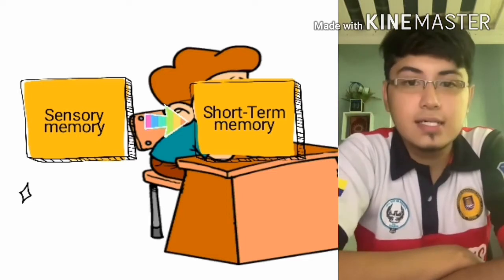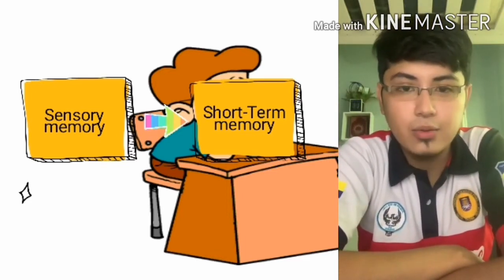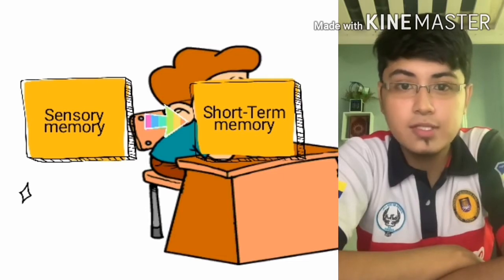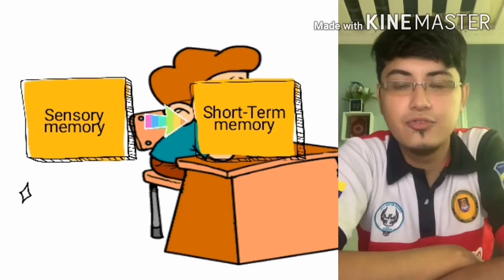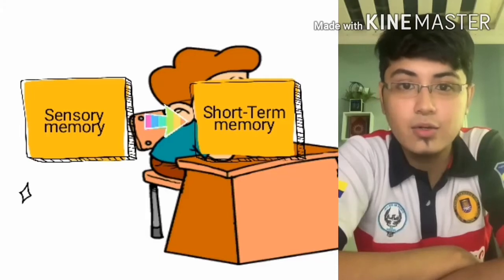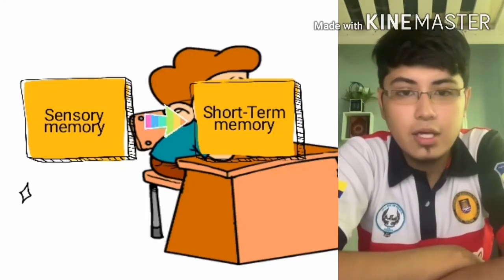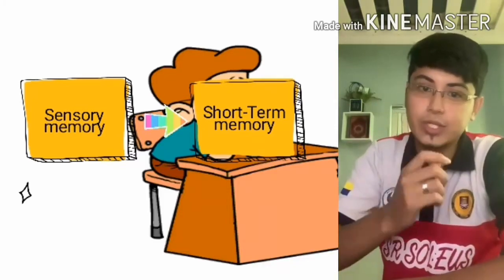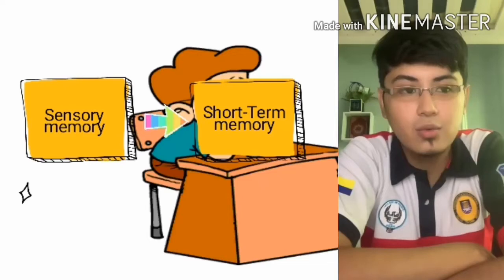First is sensory memory. Sensory memory is everything that we get as information from our senses, for example taste, visual, hearing, audio. So that is included in sensory memory. Another example: we taste salt, and we know salt is salty.